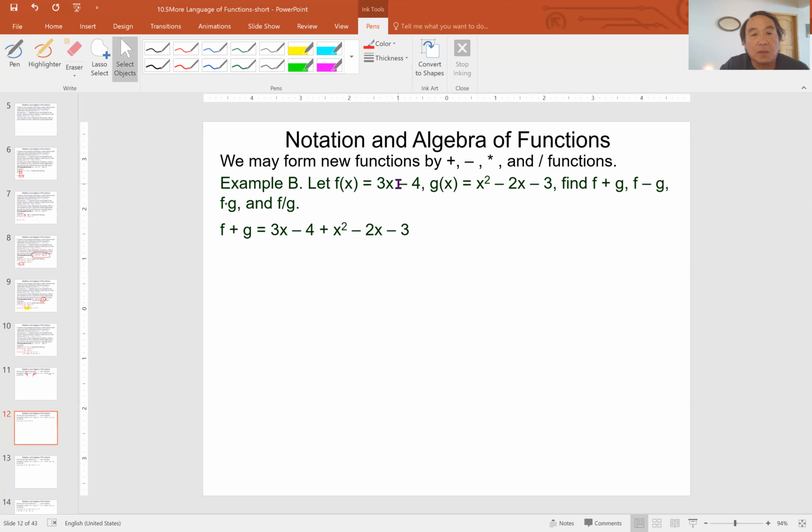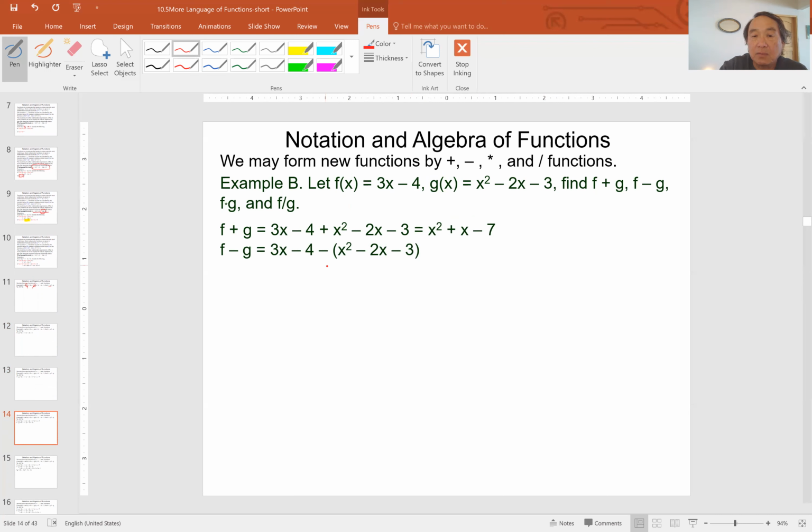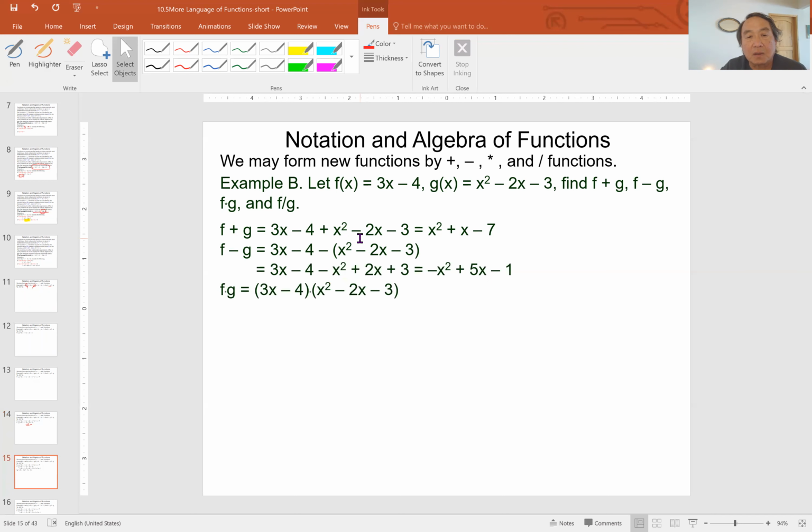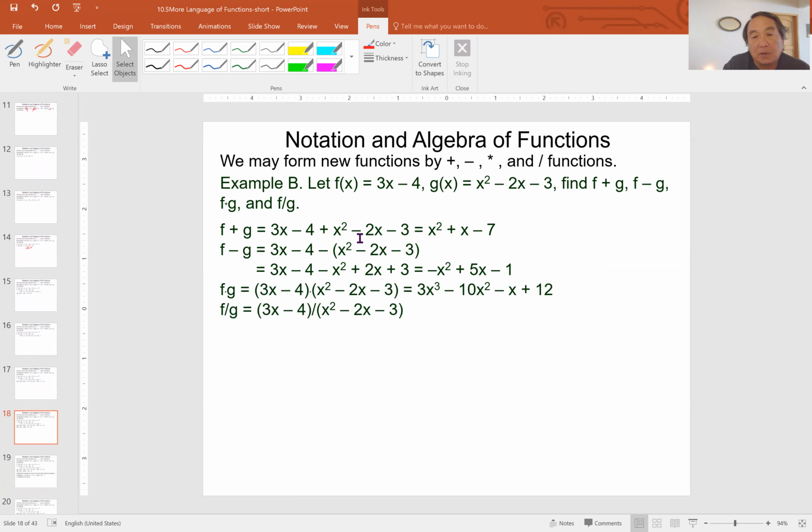So f plus g means add the 2 formulas together and clean it up. Similarly, f minus g, you subtract, and be careful with the subtraction because you're going to change signs. A lot of times people make mistakes in these places in algebra. And that's what the end result is. Here f times g is multiply, and this is the factored form, or you can put it into the expanded form if that form is needed. You can multiply out. And for divide, you just get its formula.